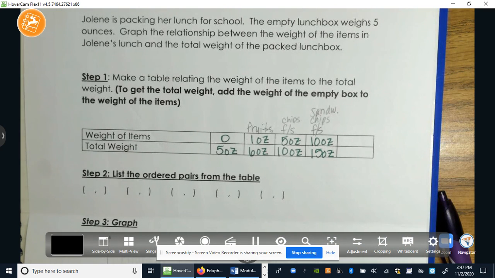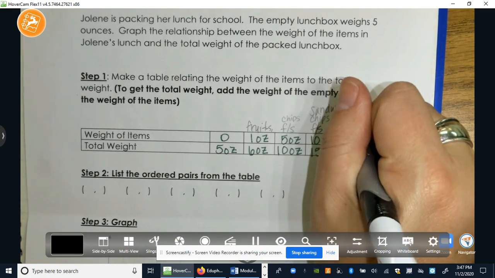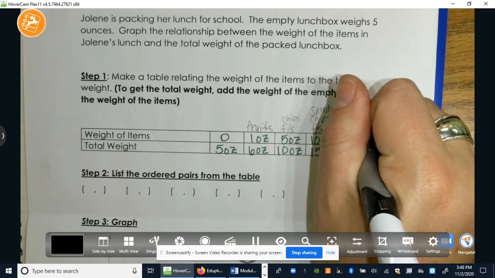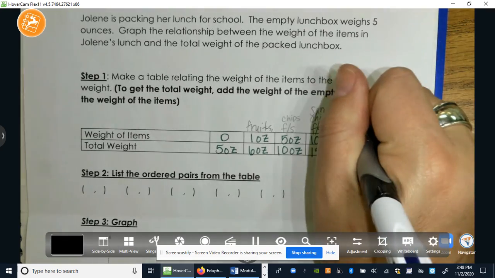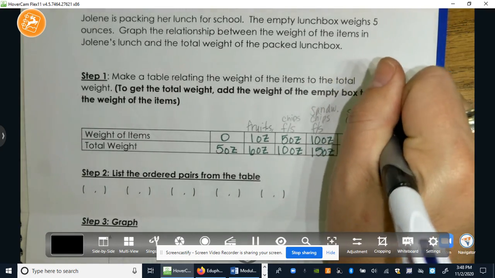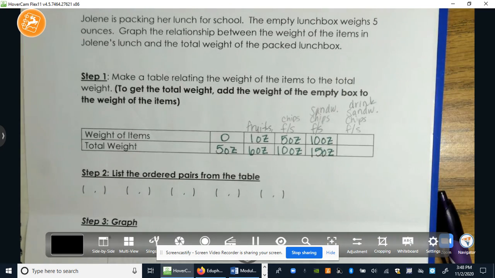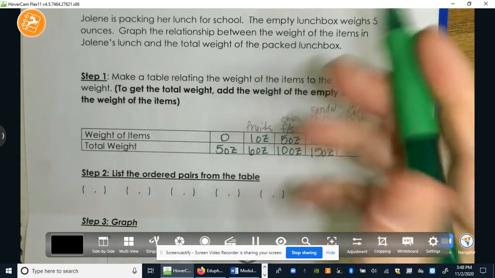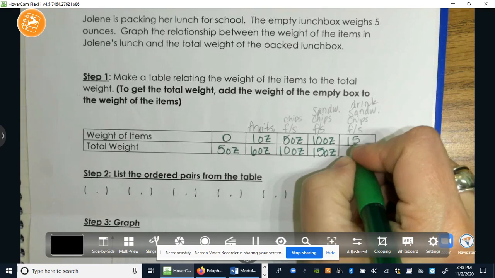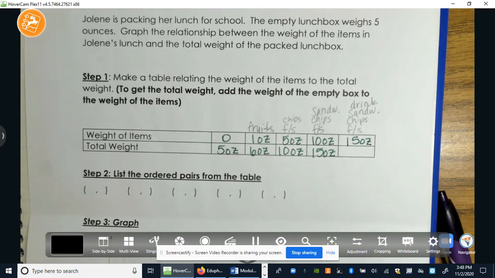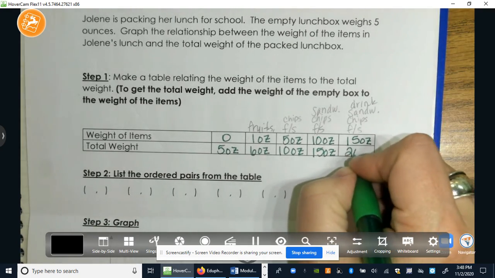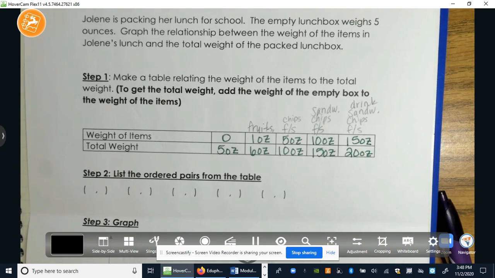Okay. Then don't forget we got to give her something to drink. So she has her fruit snacks, chips, sandwich. Now she's going to have her drink. And let's say she has a box of Hi-C fruit punch. And that probably weighs about 5 ounces. So now she has 15 ounces of food and drink in her lunch kit. And her lunch kit weighs 20 ounces.